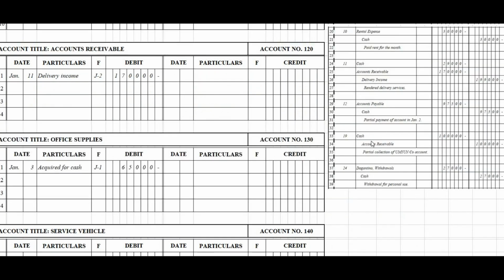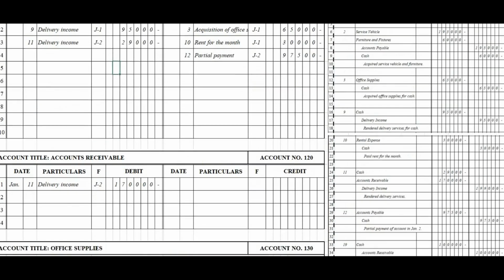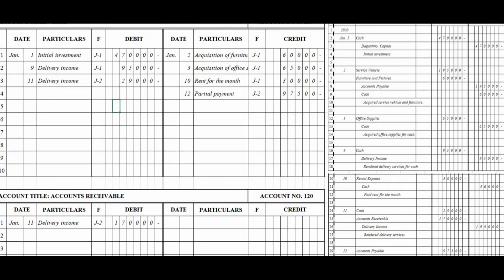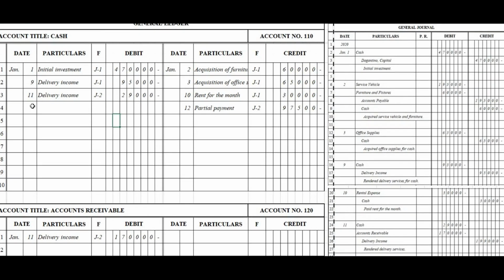Then, in transaction 19, we have collection or partial collection. So, there is a receipt of cash. So, debit tayo ng cash. Transfer lang natin dito sa debit side ng ledger. So, this is partial collection. So, assuming this is also page 2.